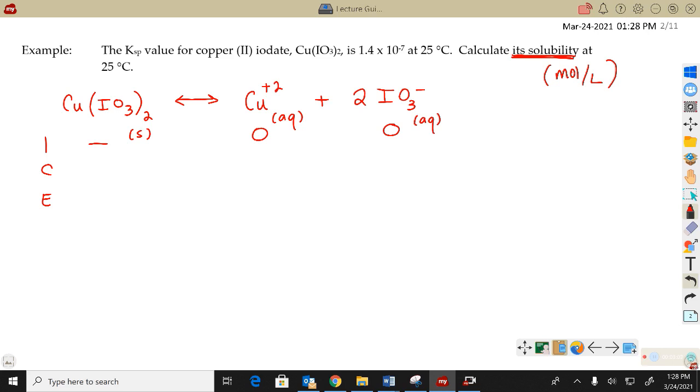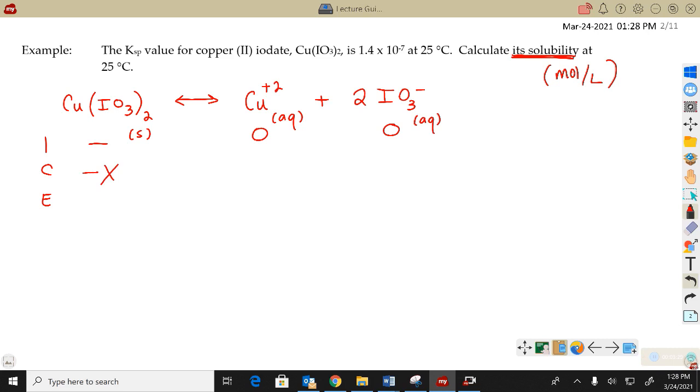Last time we were given the solubility. We knew how much solid dissolves. This time, that's what I'm looking for. Well, if I don't know the solubility, let's just call it X. Now I know that whatever amount of solid I have, it'll go down by X. And some of it will dissociate.